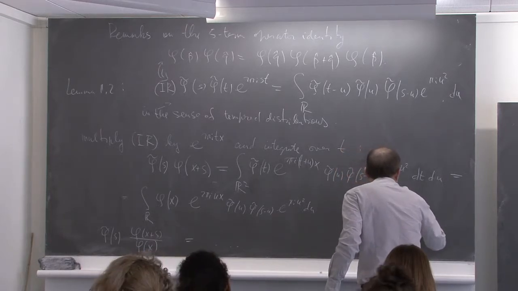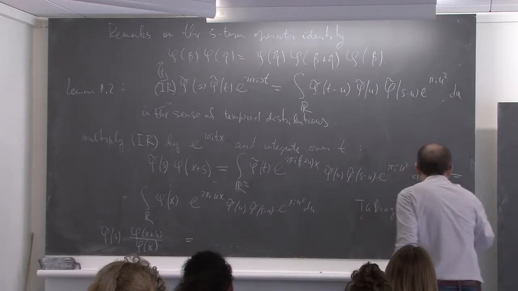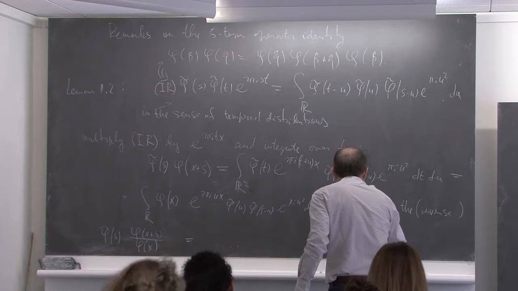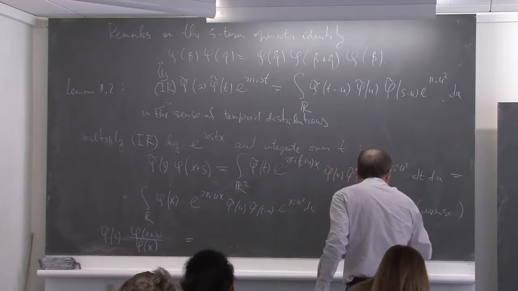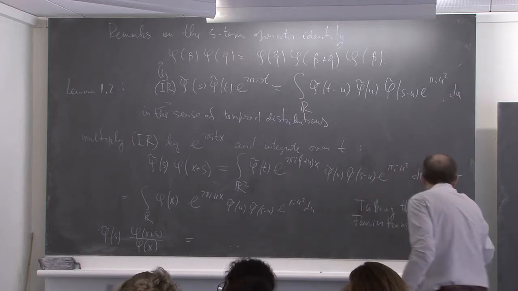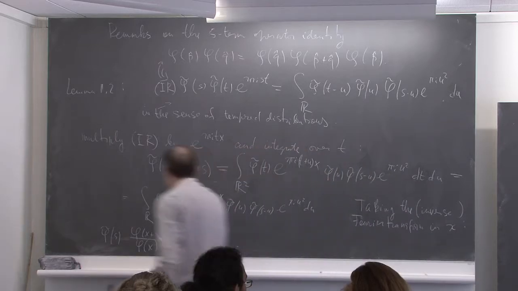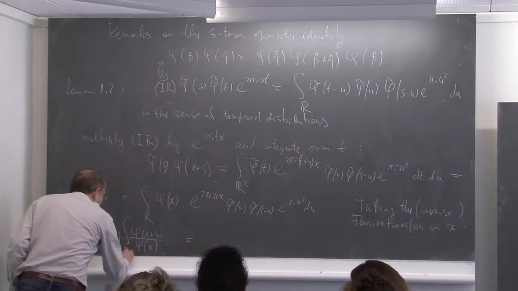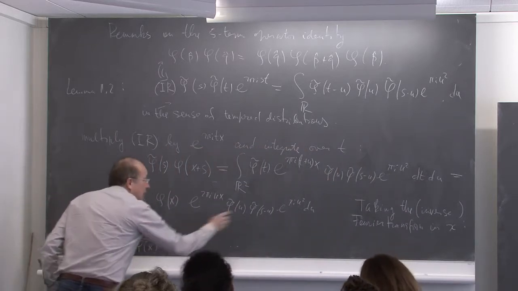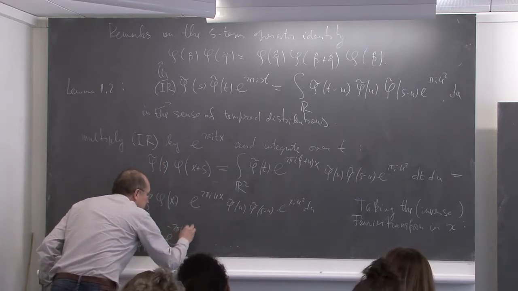So taking the inverse Fourier transform in x, right? We obtain, so what we will have here, an integral over R. E, here we have plus, so the inverse will be minus 2 pi I ux.